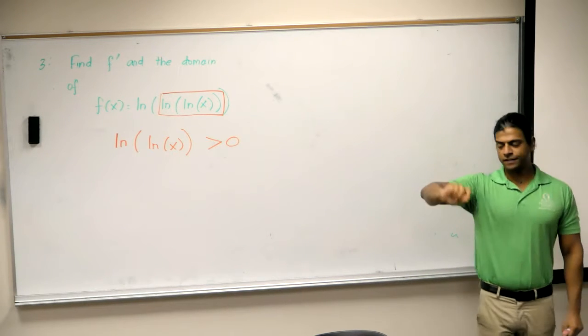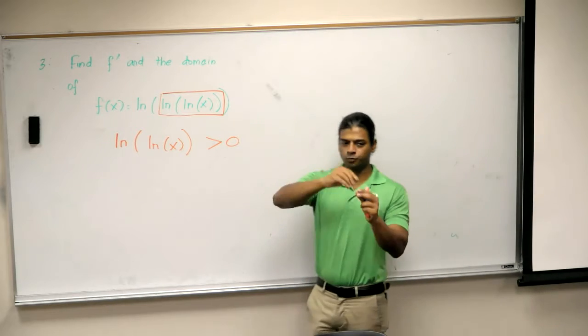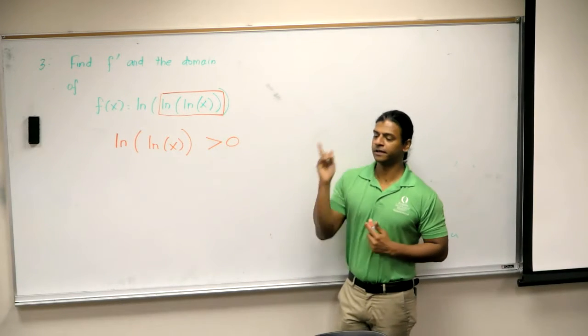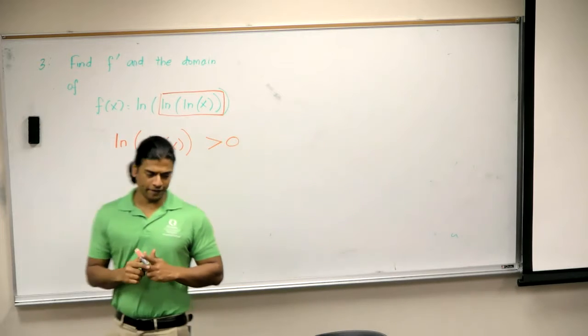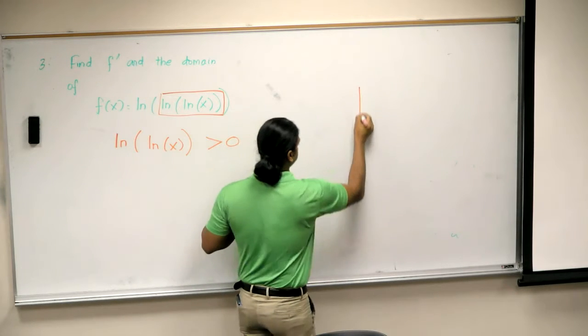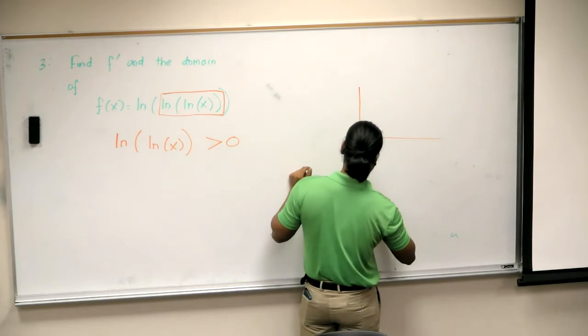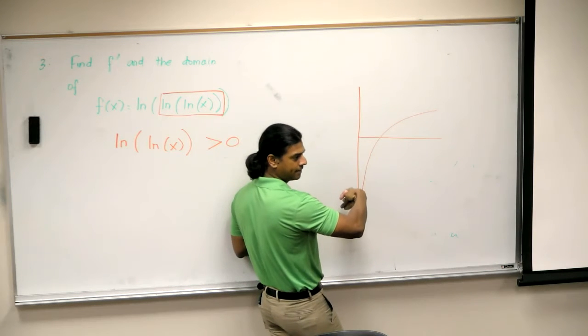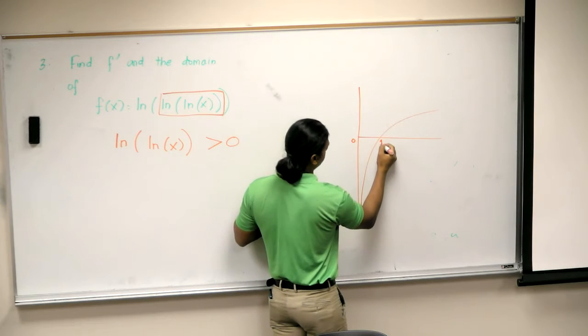In algebra, we always wrote the domain for logarithm as 1 to infinity. In a sense, we restricted it, but if you graph natural logarithm of x, the curve would look like that. So 0, 1.